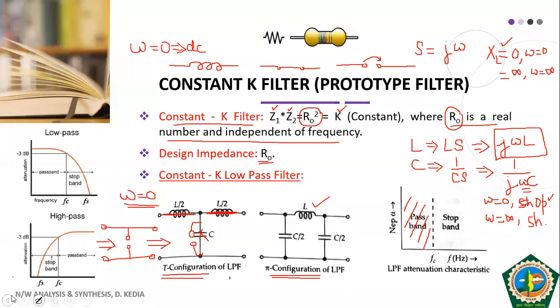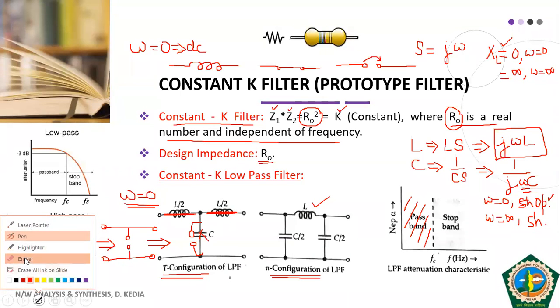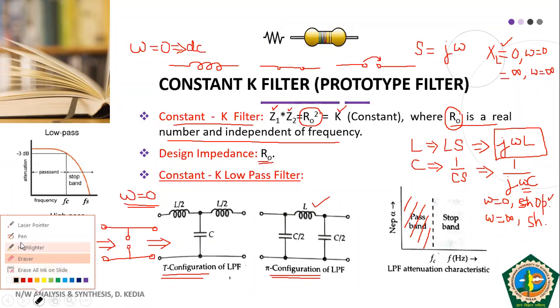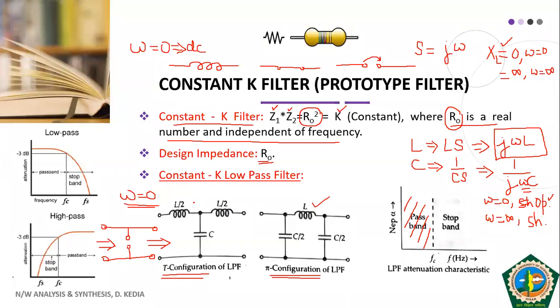Now let us see the higher frequencies. What happens for omega equal to infinity? For higher frequencies, this inductor becomes an open circuit. This inductor also becomes an open circuit. For higher frequencies, this capacitor becomes a short.